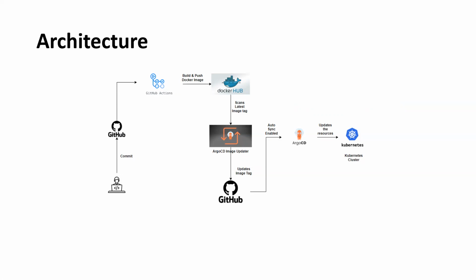Once it is pushed, the ArgoCD Image Updater will scan Docker Hub. If it sees any change in the image tag, it updates the manifest file in the GitHub repository, and it will send it to the ArgoCD server, which will deploy the application with the updated image tag on the Kubernetes cluster.